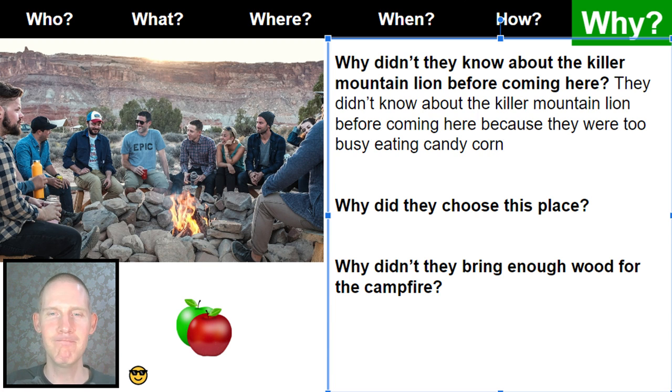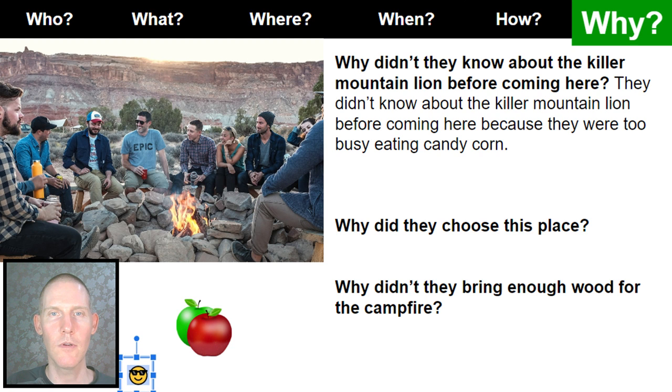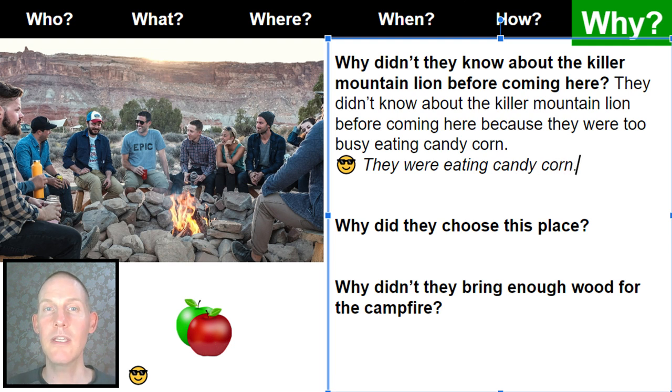All right, and let's see a short answer. Whoop, I need sunglasses, dude. Here he is. All right, the short answer. They were, oh, it's a full sentence, but a short one. They were eating candy corn. So why didn't they know about the killer mountain lion? Well, they were eating candy corn.